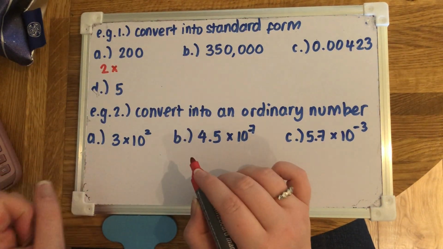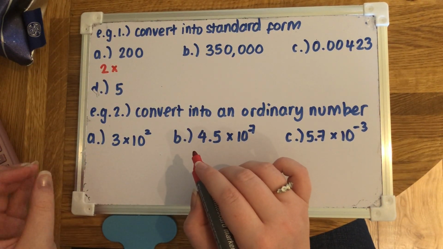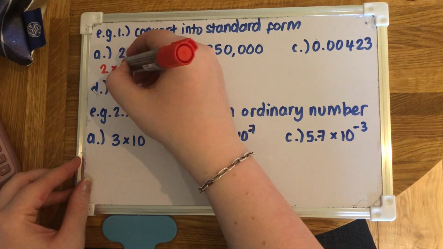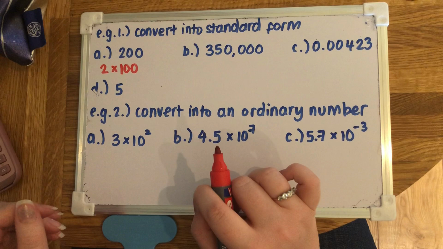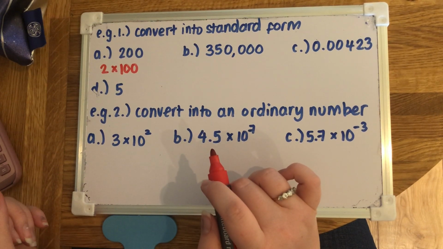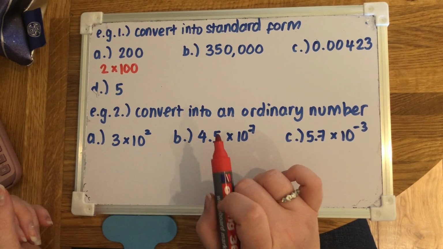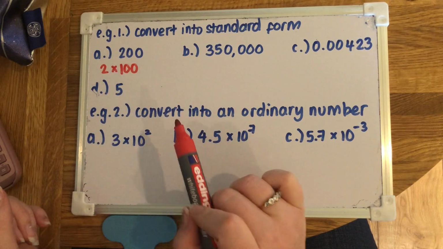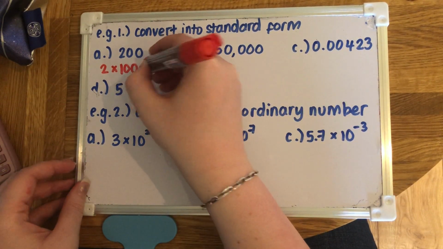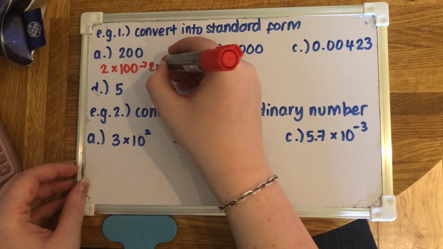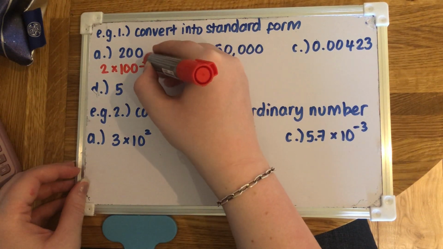Then we think, 2 times what would give us 200? That would be 2 times 100. But in standard form it has to be 10 to the power of something. We can get 100 by doing 10 times 10, which is 10 squared. So the standard form would be 2 times 10 squared.